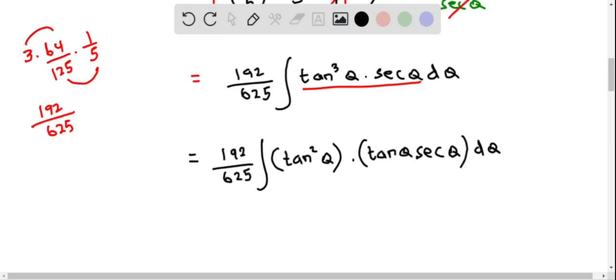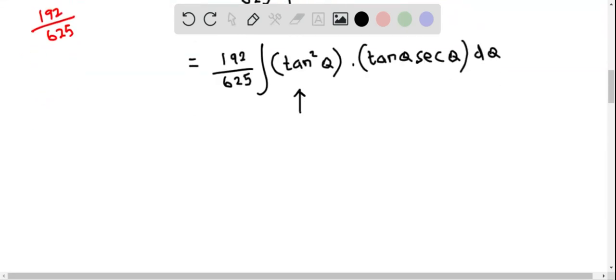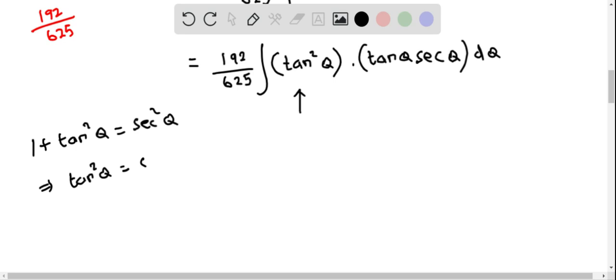And now we can replace this tangent squared using the trigonometric identity, that is the Pythagorean identity, 1 plus tangent squared q equals secant squared q. So we can find an expression for tangent squared q when we subtract 1 from both sides. So this basically equals secant squared q minus 1.